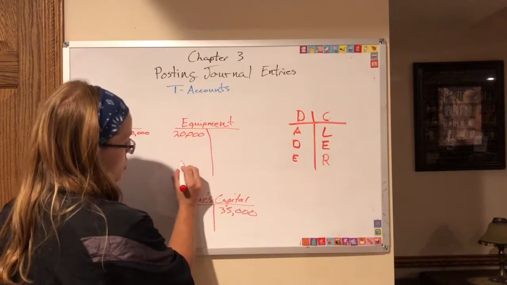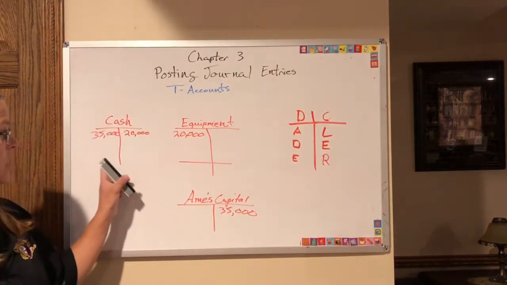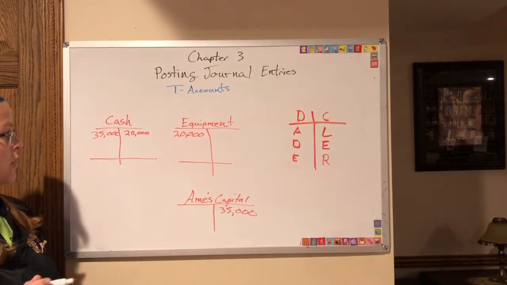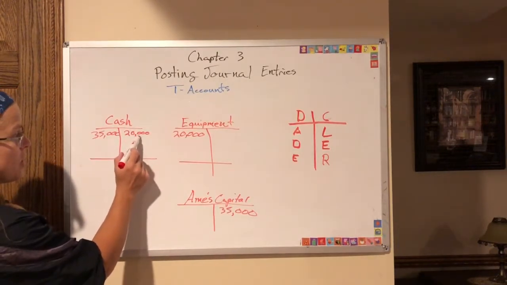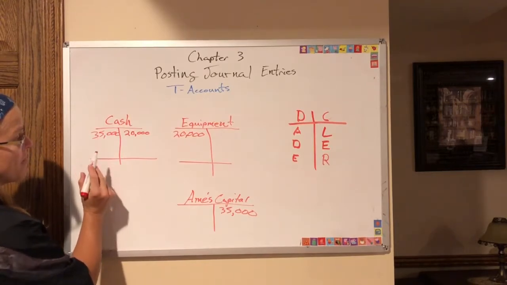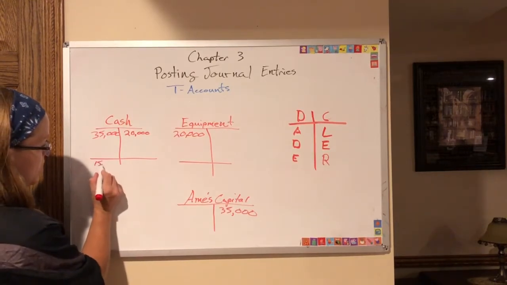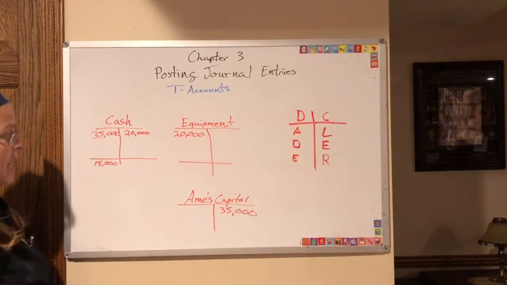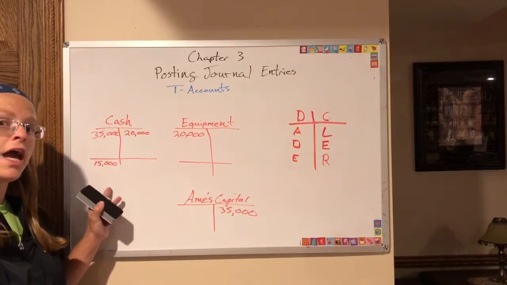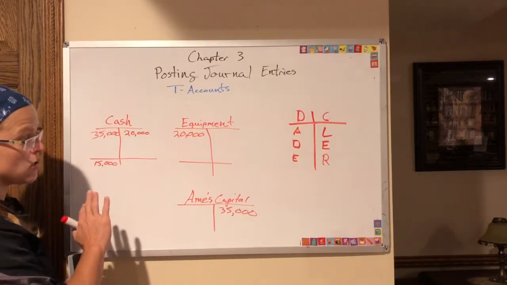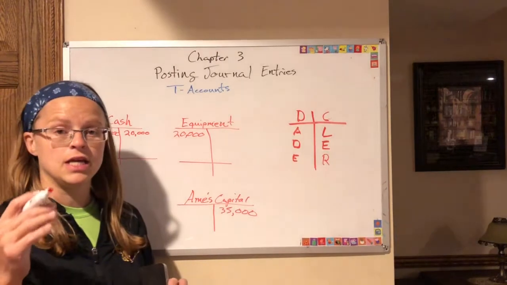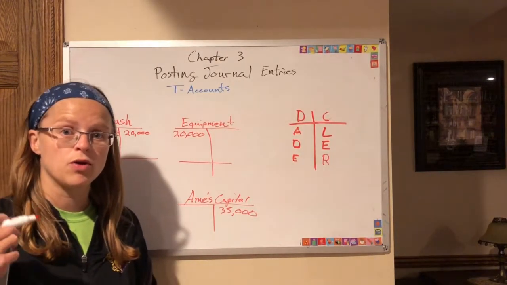If we were to total these accounts up, you would take the 20,000 in the cash account and subtract it from the 35,000 to get $15,000 cash. So Ann's got $15,000 in her cash account. That's how the T accounts work, and we're going to go through all of the steps in the story.